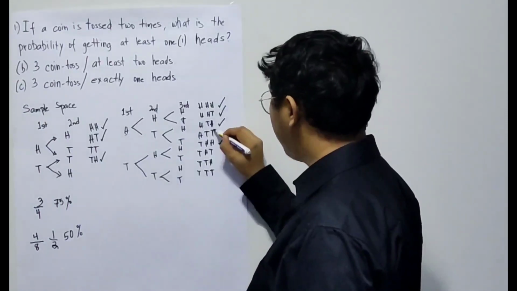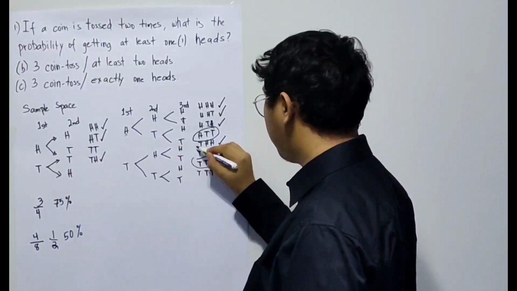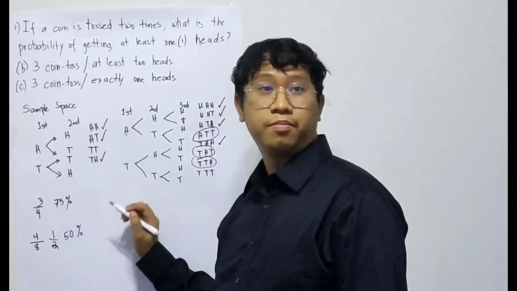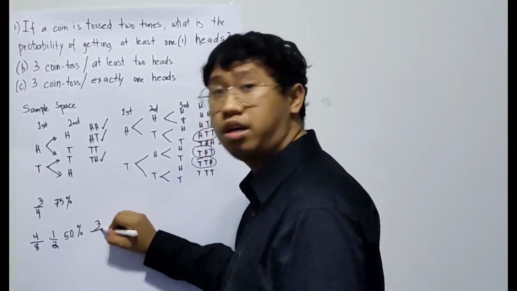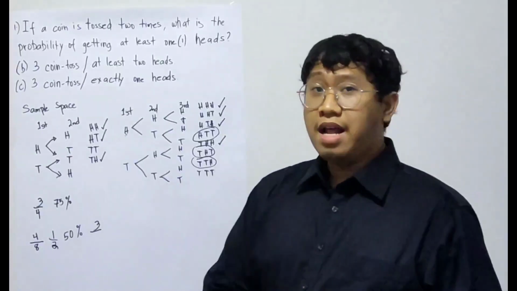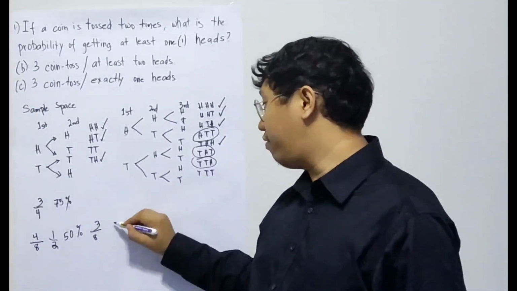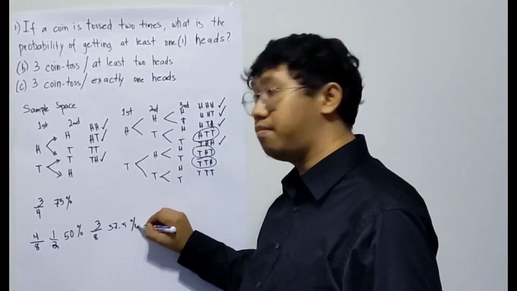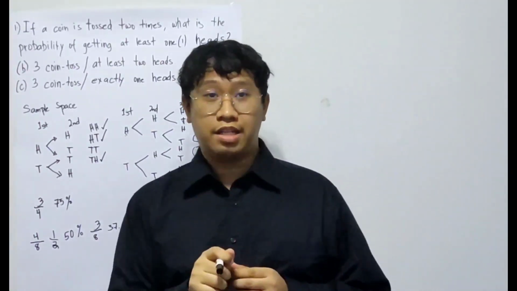So we have the HTT, the TTH, and the THT. The value is 3, therefore the answer is 3/8, or 37.5%. Now, let's head to our next problem.